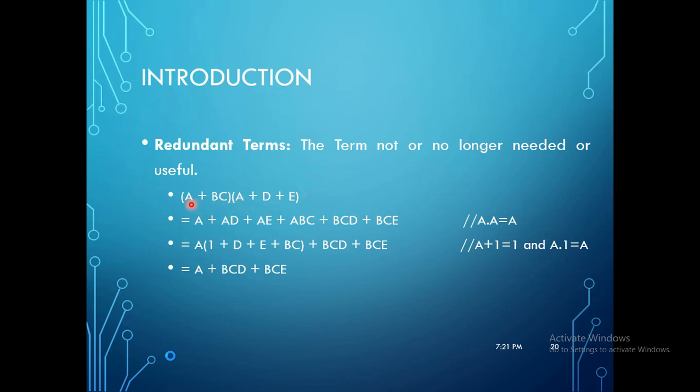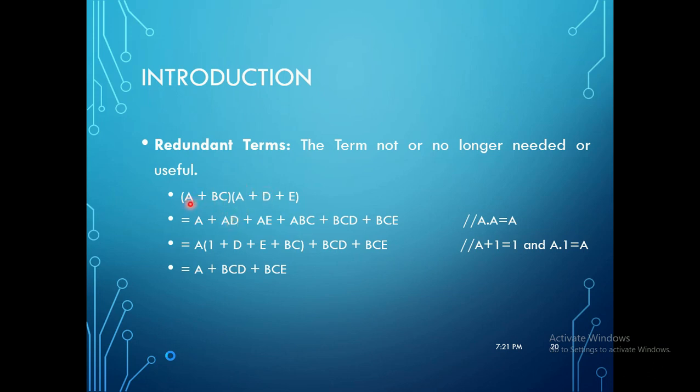So let us see here, you are going to multiply first A with A. So A into A is nothing but A itself, so you write it as it is. Next thing is A into D, so you get AD.